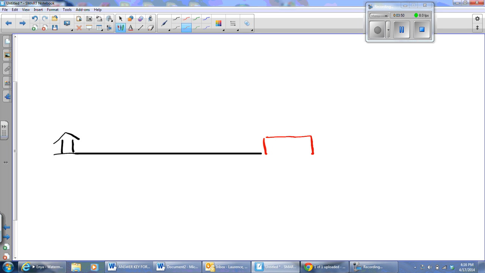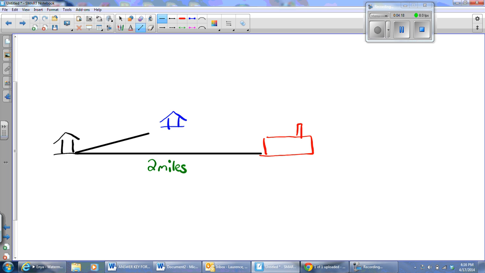So there's Edwards, and this is exactly 2 miles. You normally walk to school along those 2 miles. But then you make a new friend. Maybe somebody moves into the neighborhood, and you decide to walk to their house and meet them and then walk the rest of the way to school.